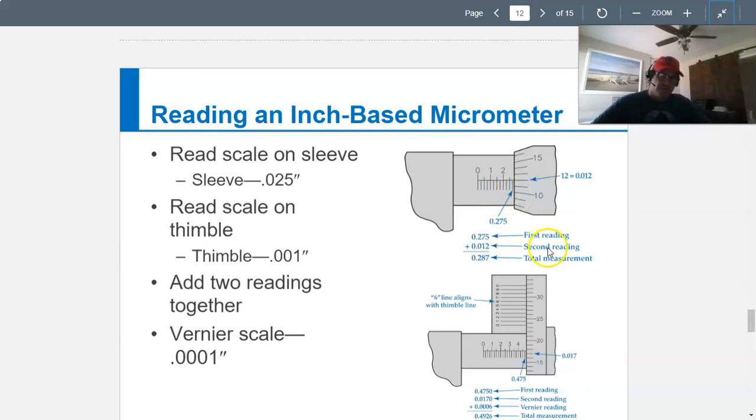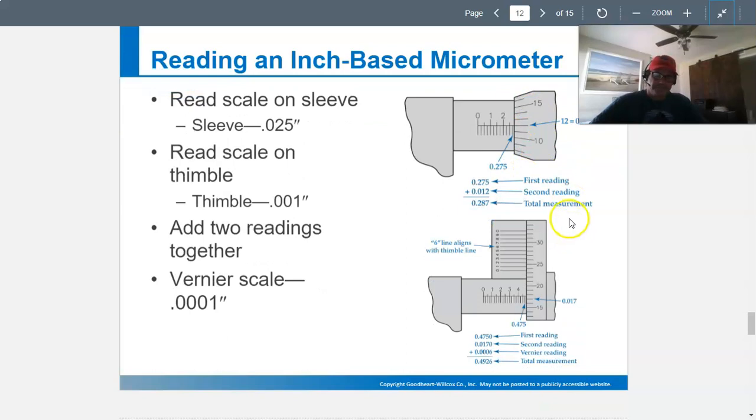And then you would add the second reading, which is off of the thimble, shown here as 12. Hopefully in your book, since I can't zoom in on this recording, you can see there's an actual distance between the line and the edge of the thimble that rotates, and that distance represents 12 thousandths of an inch. And then it shows here the vernier scale that I was talking about, to the fourth place decimal.